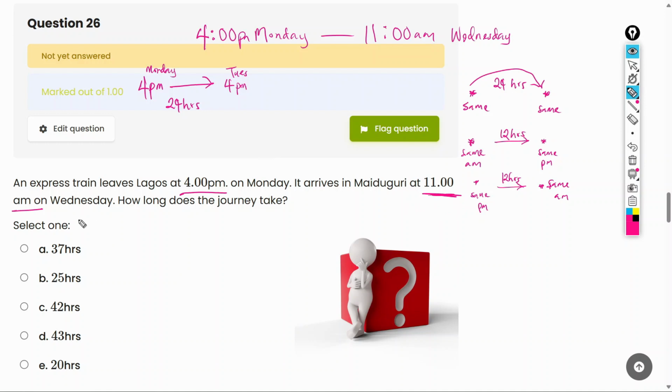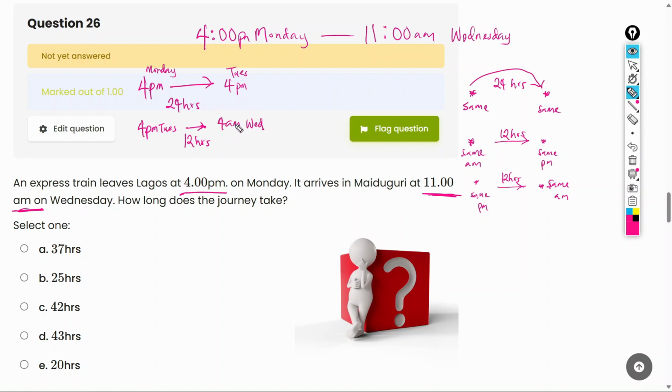But this doesn't get to 4 p.m. But then, from 4 p.m. Tuesday to 4 a.m. Wednesday is 12 hours. Remember, we said that from the same time to the next PM or AM of that same time is 12 hours.